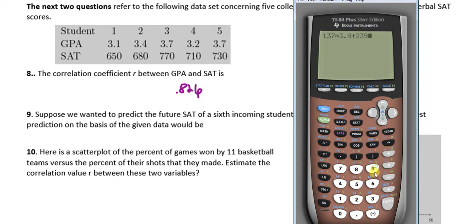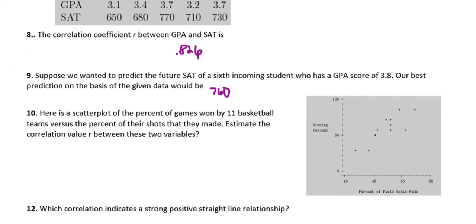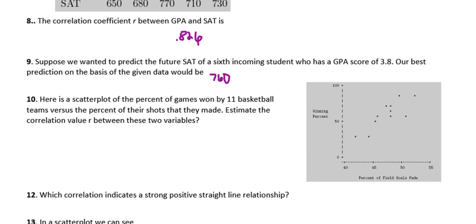That was our b. Y equals mx plus b, so m was 137 times x, which we're trying it out for 3.8, plus 239.4 equals 760, right on the nose, which is strange considering I rounded it.